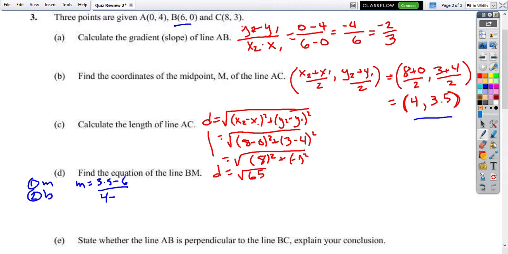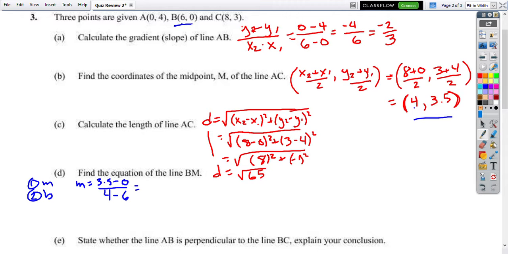Timeout. Rewind. Let's try that again. So y2, 3.5, minus y1 from B, that's 0. There we go. x2 is 4, minus x1, which is 6. So just remember that the 4 and the 3.5 here should be stacked over each other, y first, and then the 6 and the 0 here should be stacked over each other.